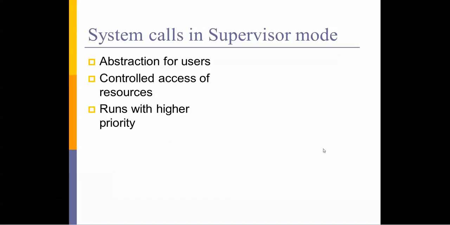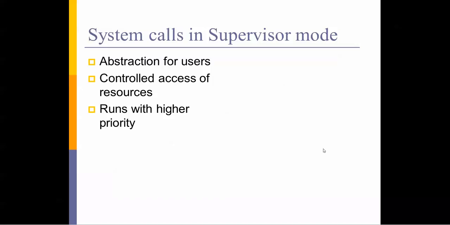The operating system provides system calls to users in order to perform certain system features. For example, I/O operations, memory allocation and deallocation. Using system calls, the operating system makes sure that users have controlled access over resources, because only the operating system should perform certain operations.